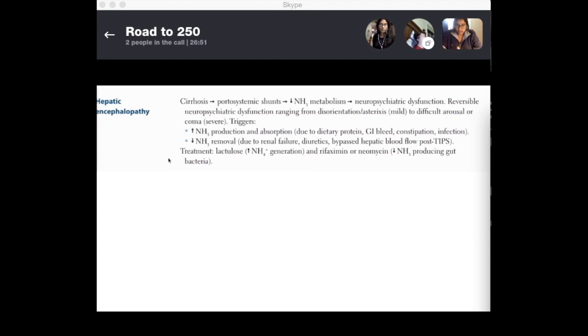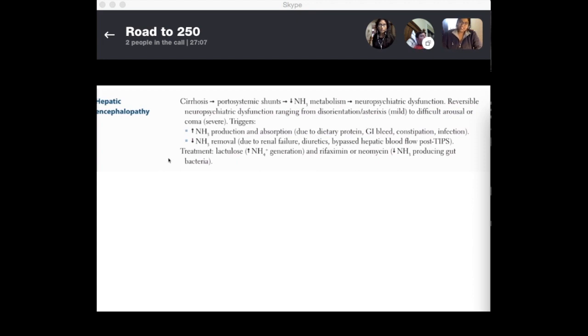And then we have rifaximin and neomycin, being RNA inhibitors. These are going to target those bacteria that cause production of ammonia.